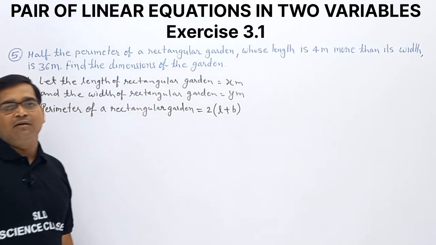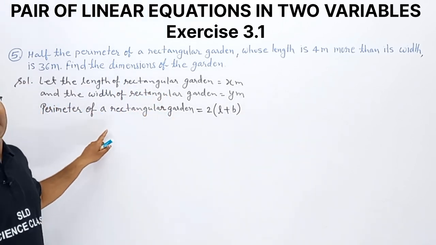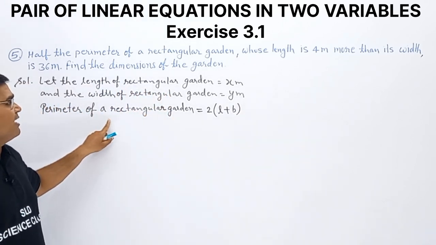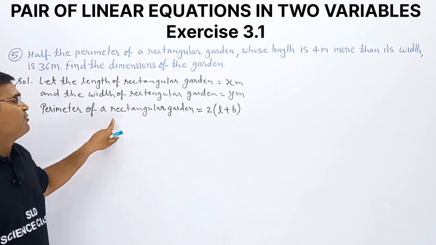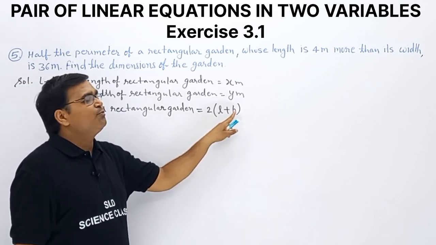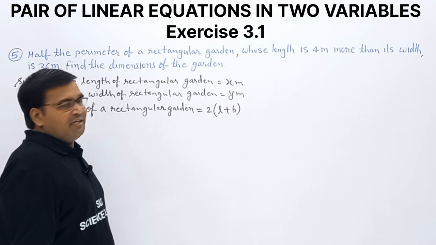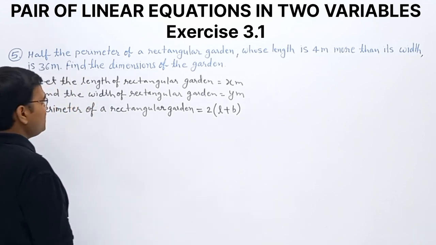In the perimeter of a rectangle we add all the sides, but in a rectangle opposite sides are equal. So we can say 2 times length plus width. Clear?